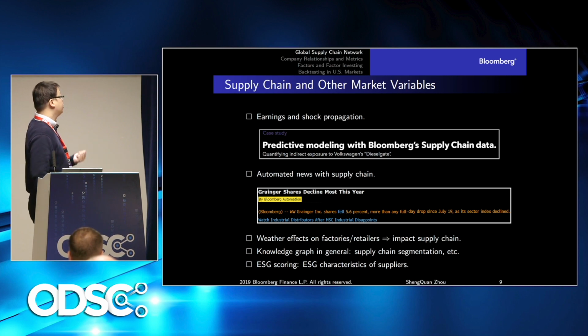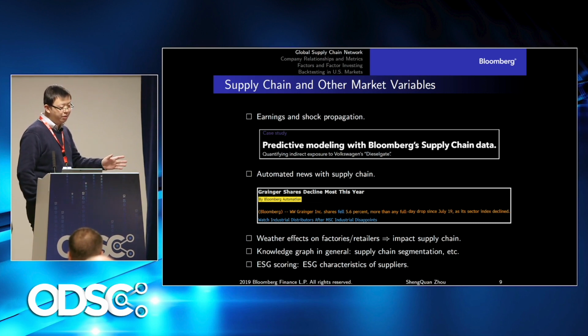Bloomberg also generates automated news based on the supply chain, and how weather affects factories and retailers. A knowledge graph in general. ESG is a very hot topic these days, with increasing awareness of environmental, social, and governance issues. So when we're looking at the ESG characteristics of a company, naturally we would like to also investigate the ESG characteristics of its suppliers.